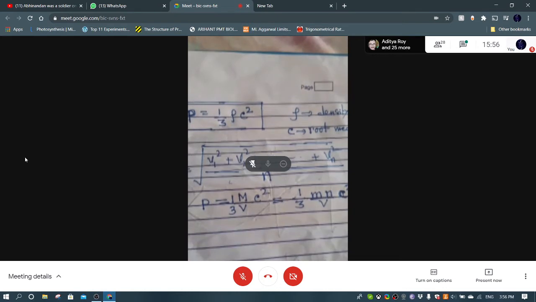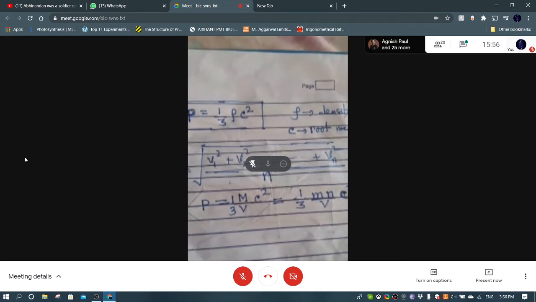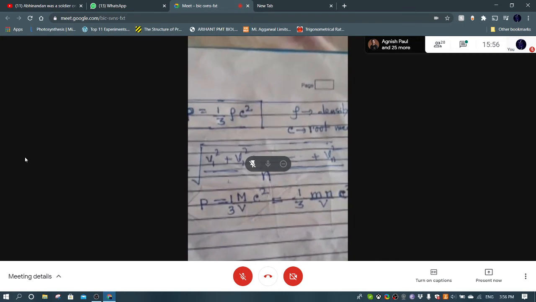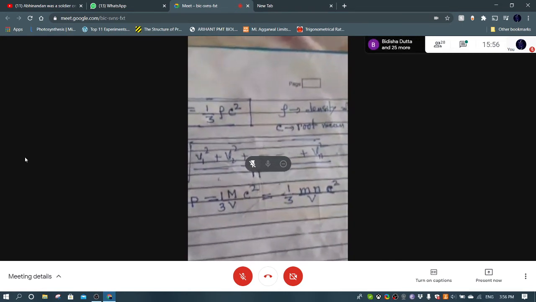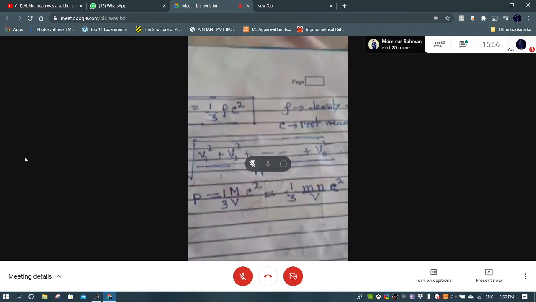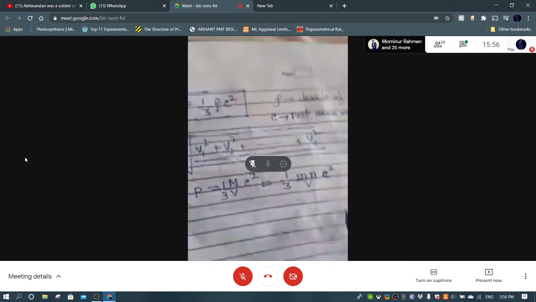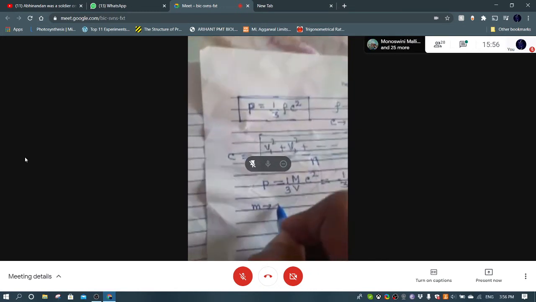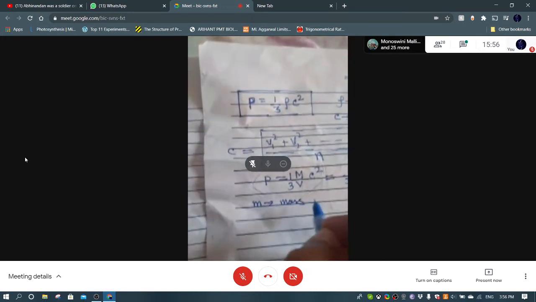Small m is the mass of each molecule, and small n is the number of molecules.